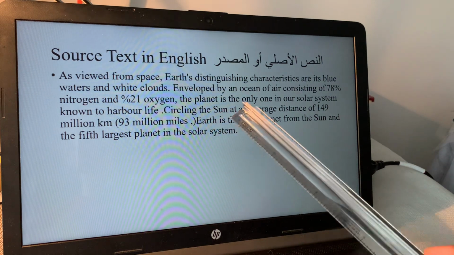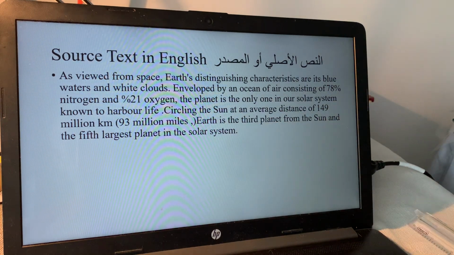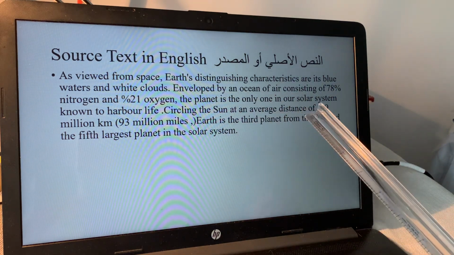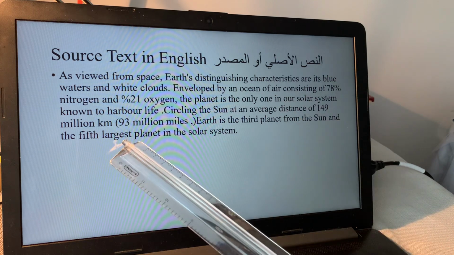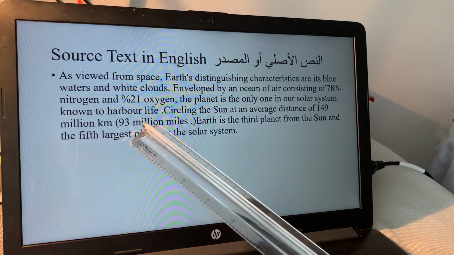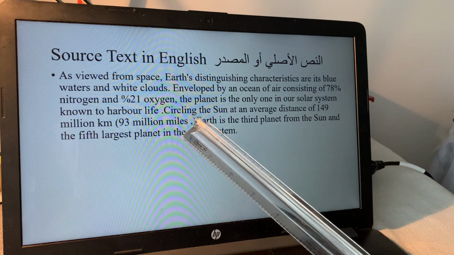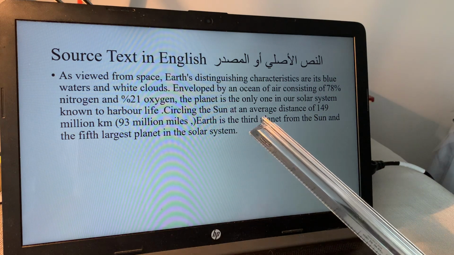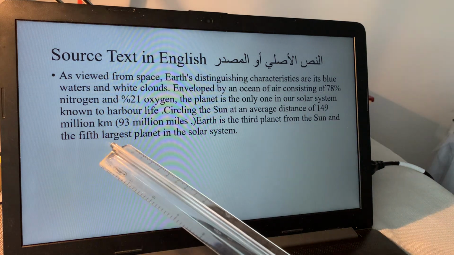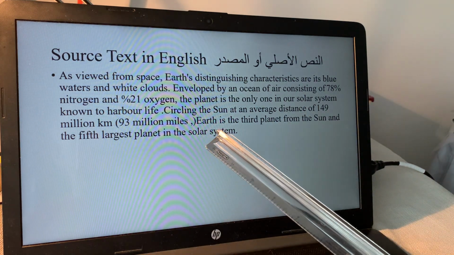The planet is the only one in our solar system known to harbor life. Circling the sun at an average distance of 149 million kilometers and 93 million miles, the Earth is the third planet from the sun and the 5th largest planet in the solar system.